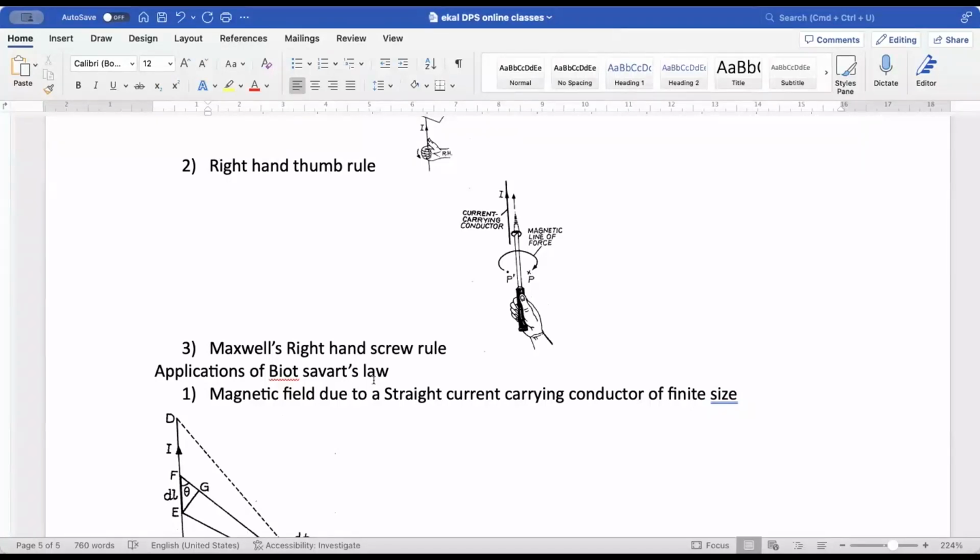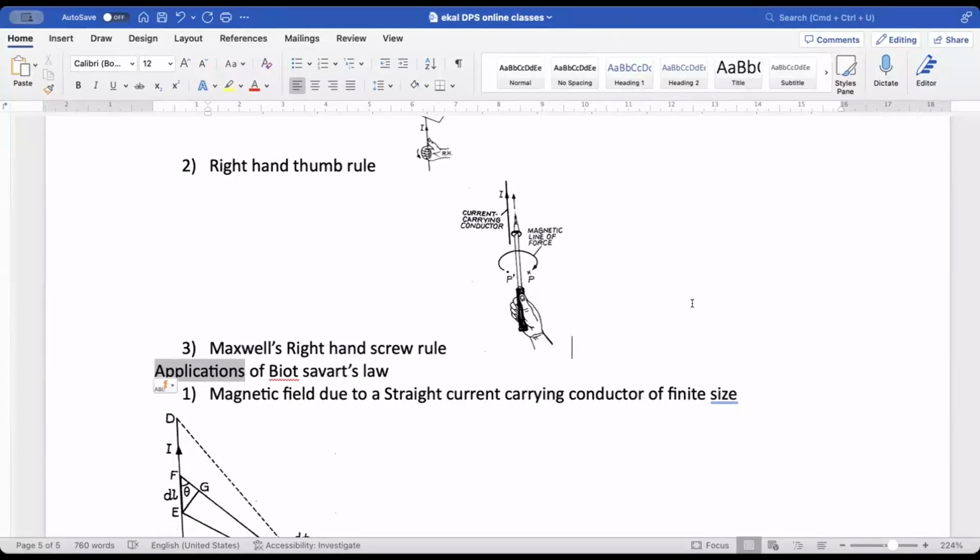Here the current carrying conductor is in the plane of this page, and the point P is also in the plane of the page. When we apply this rule, the magnetic field at point P will be vertically downwards, and on the other side of the conductor, the field will be vertically upwards.